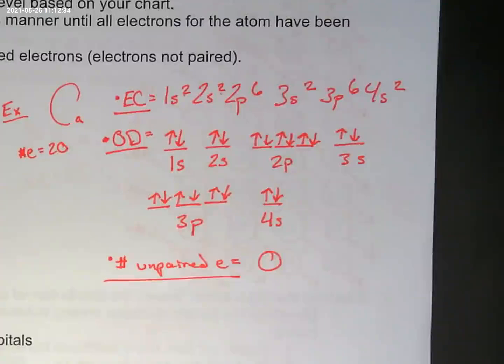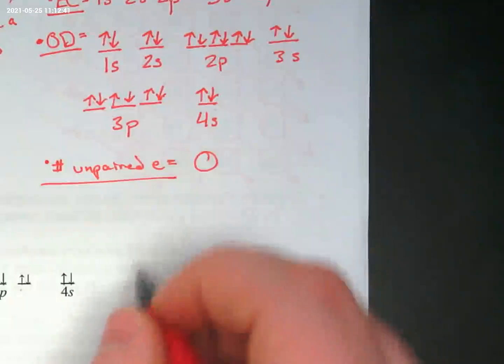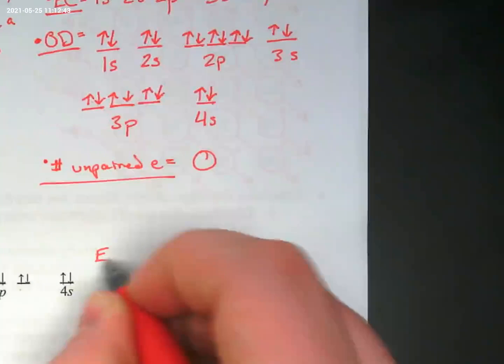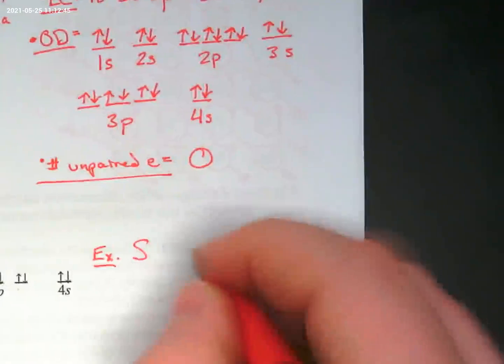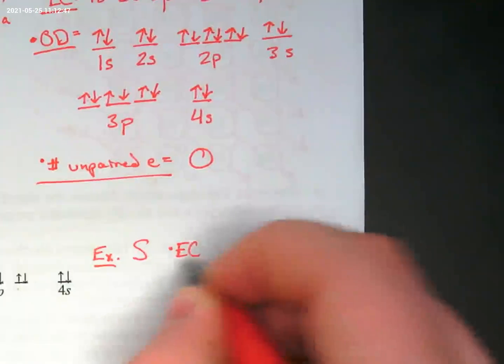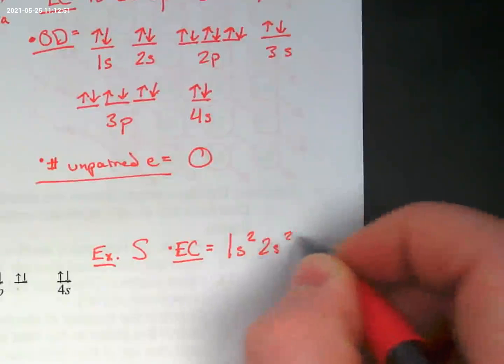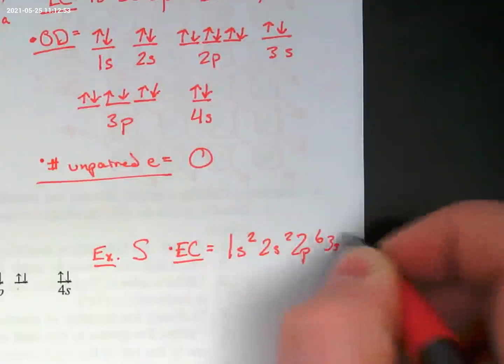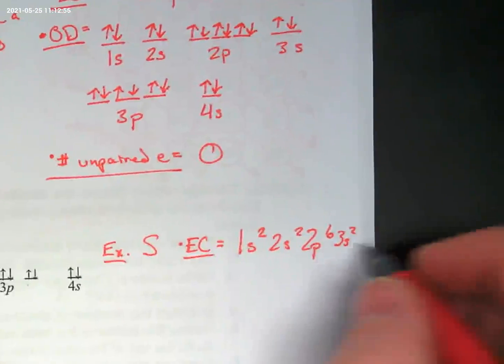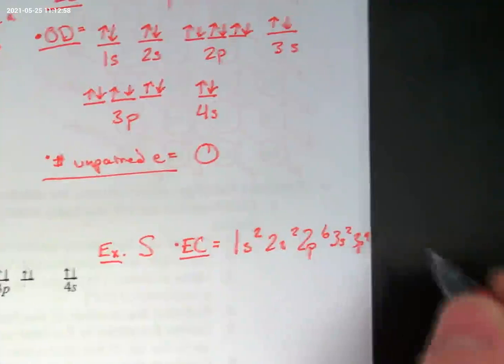Now, do sulfur. I was kind of losing my train of thought there. So now to try to do sulfur. So to rewrite sulfur's electron configuration, it's 1s2, 2s2, 2p6, 3s2, and I'm running out of room, and then 3p4.